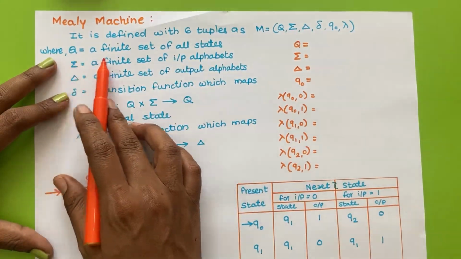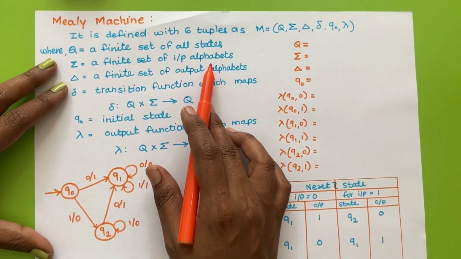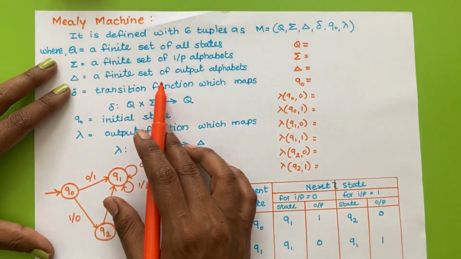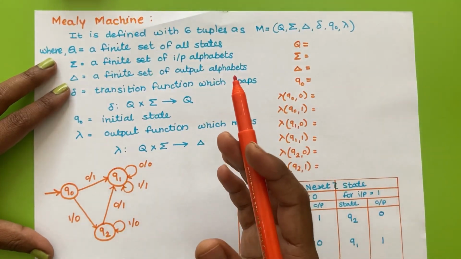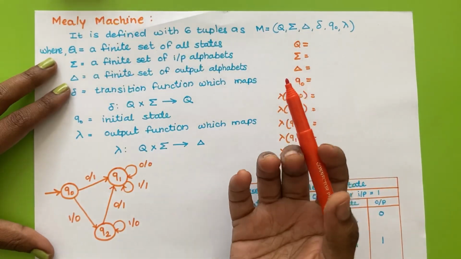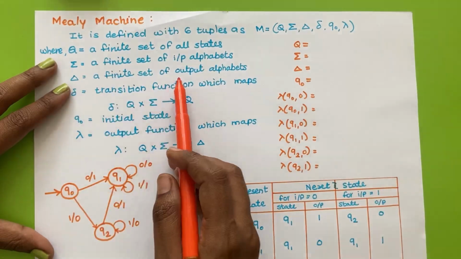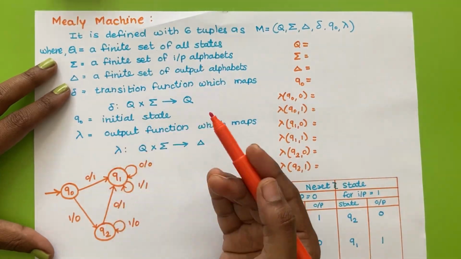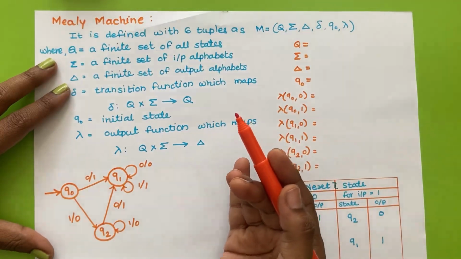Q is nothing but a finite set of all states. Then sigma is a finite set of input alphabets. Triangular delta is nothing but a finite set of output alphabets. What are the alphabets used to represent the output string? That is nothing but the set of output alphabets, meaning this set can be different from the input alphabet set, that is the sigma set.